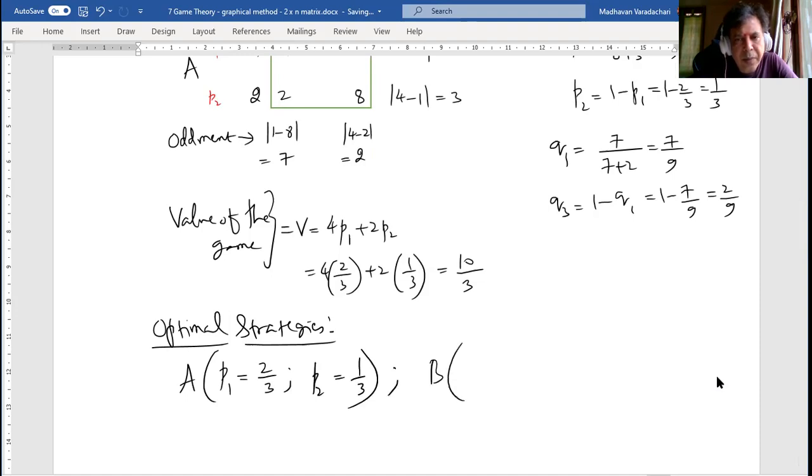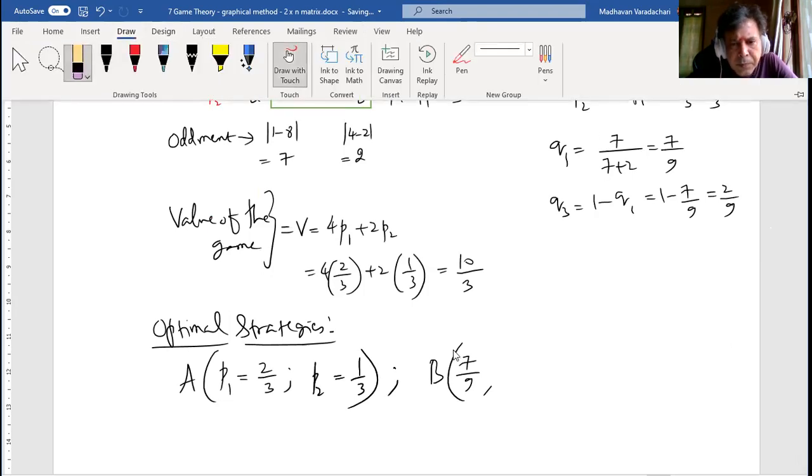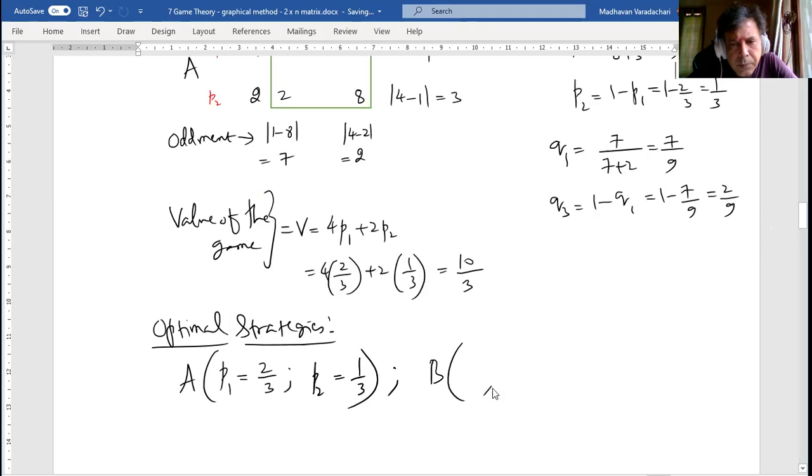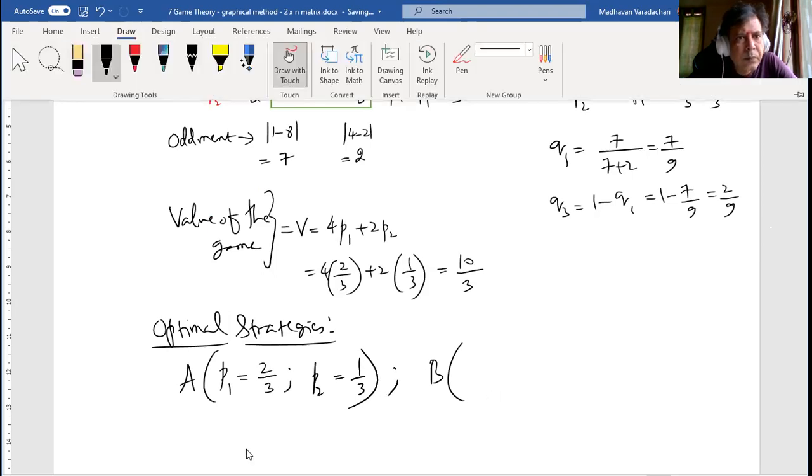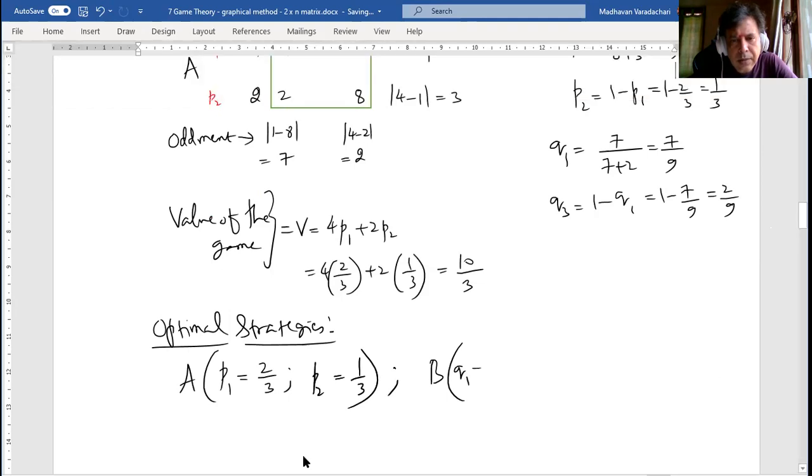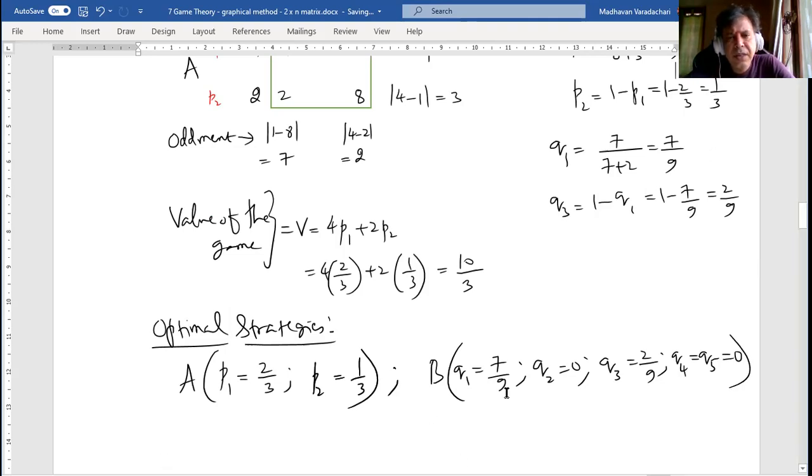Similarly, for player B, Q1 is 7 by 9. Then Q2 will be 0. Q3 is 2 by 9. Q4 and Q5 both are zeros. So that will be the optimal strategy. So we have got optimal strategies for both the players and also the value of the game.